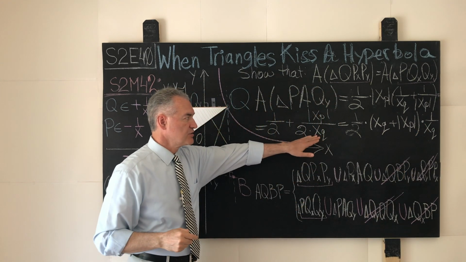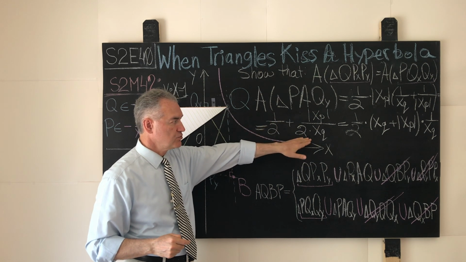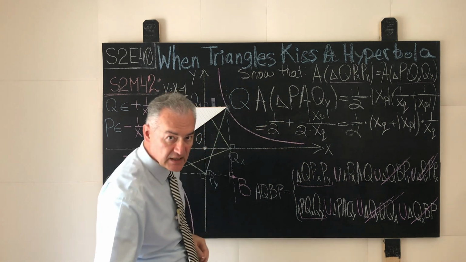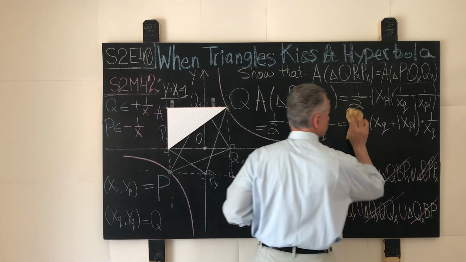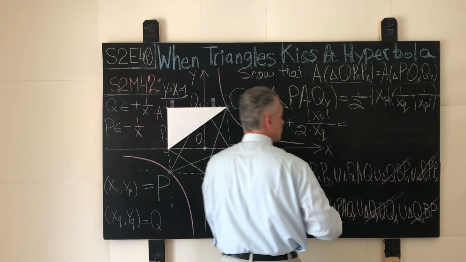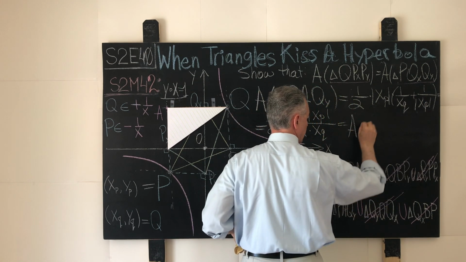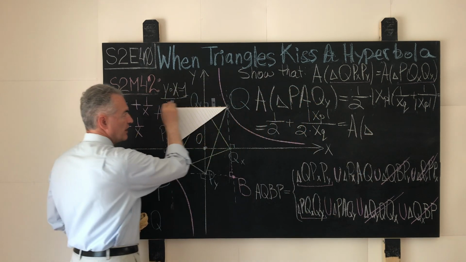This is precisely this term, the absolute value of the coordinate XP over 2 times XQ. Again, exactly the same expression, which this time represents the area. Let's write it down. The area of which triangle? PXAQ.